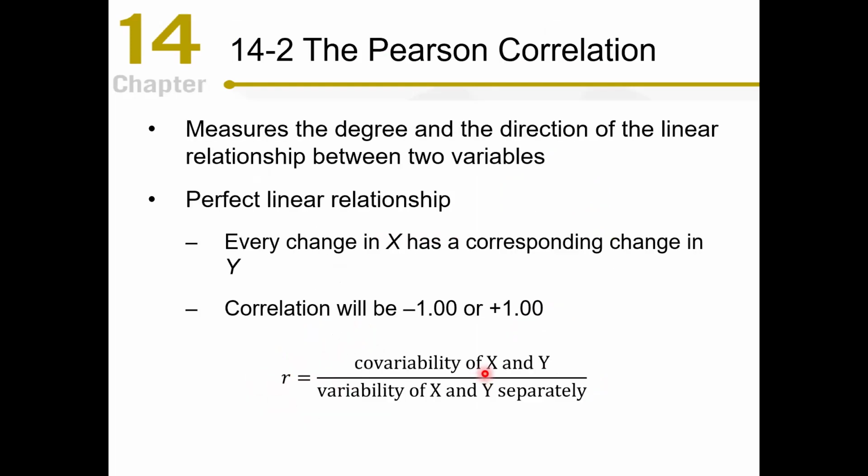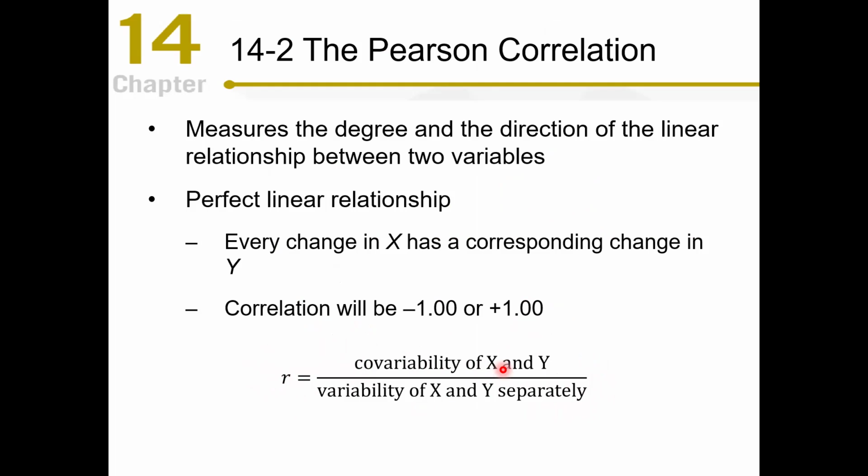Right? Here is what we will be computing. We have our correlation coefficient, which is represented by the value of r, this little lowercase r, and we're looking for the covariability of x and y together in the numerator, right? So how do x and y covary? How are they correlated to one another?